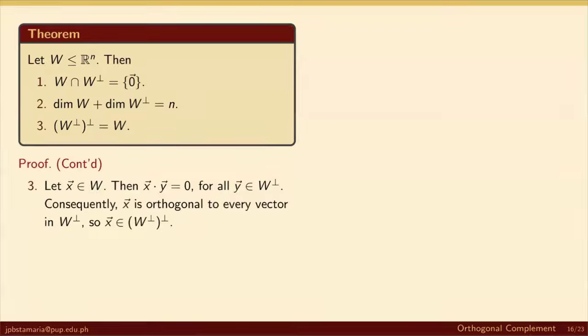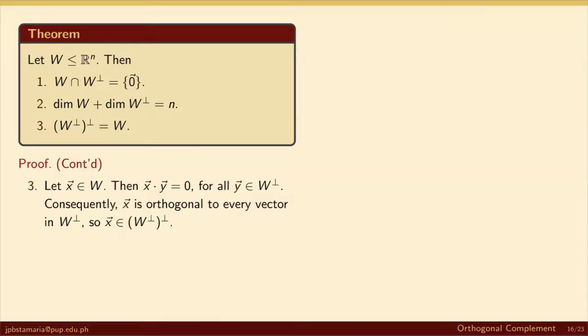Consequently, X must be orthogonal to all vectors in W perp. Yes? Because of the dot product. So X is basically in the perp of W perp.